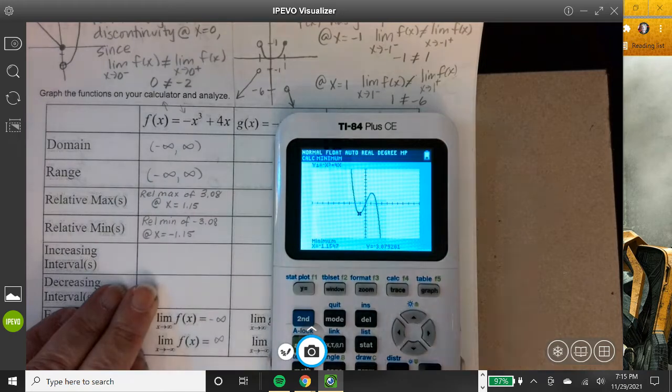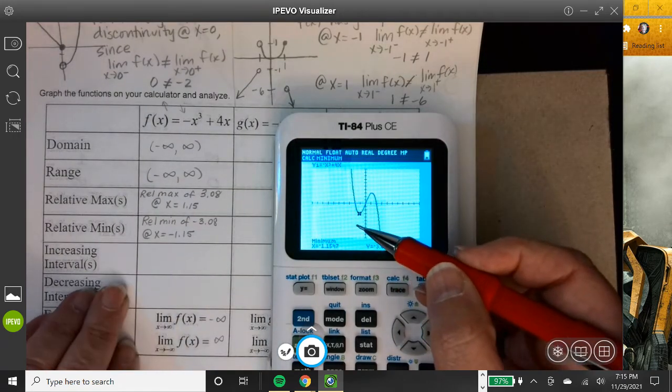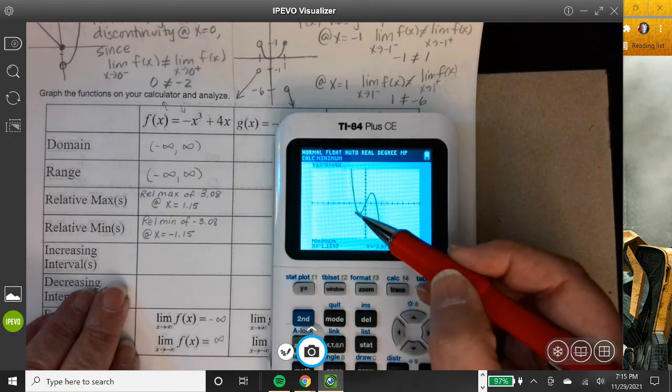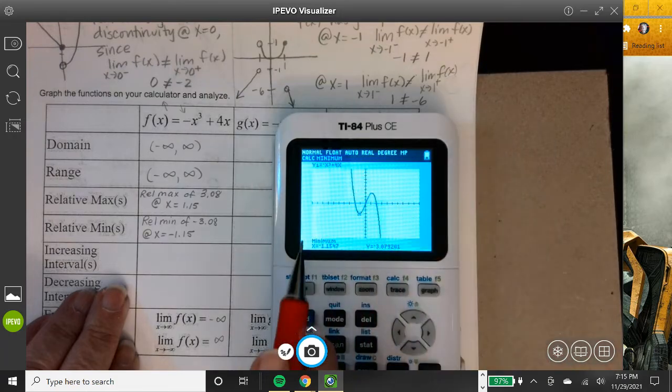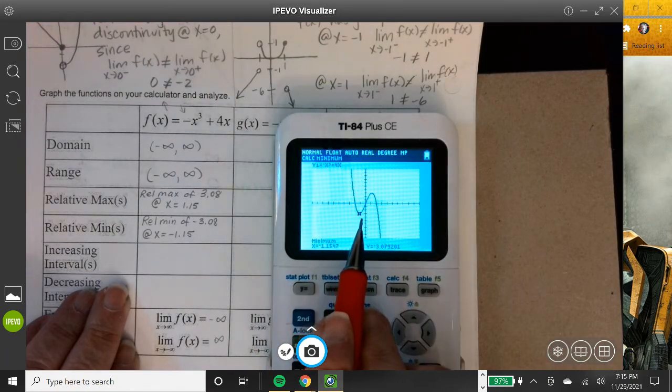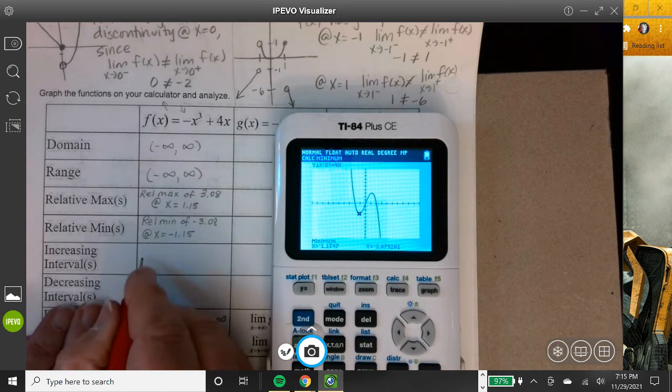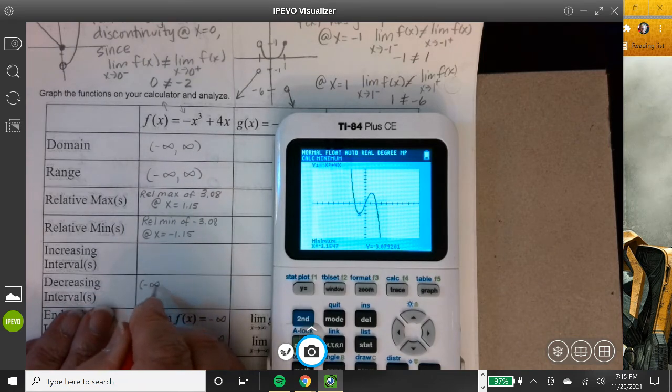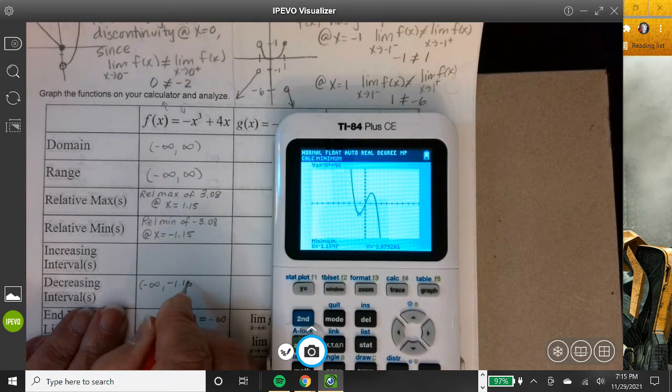And now I know these points, I can say what the increasing and decreasing intervals are. Well, it's decreasing from x equals negative infinity until I get to this x value, so I'm going to say decreasing from negative infinity to negative 1.15.